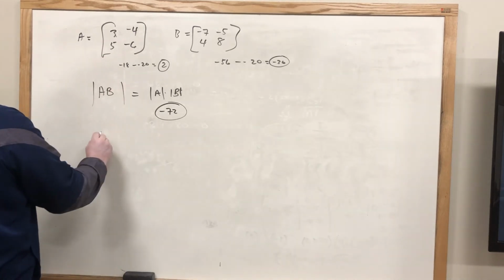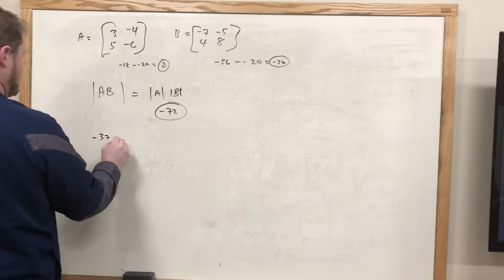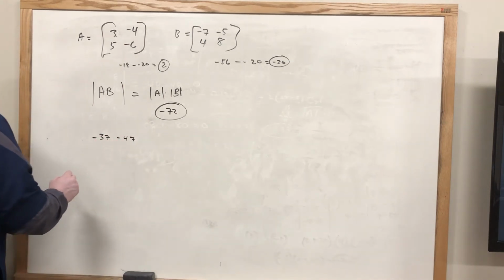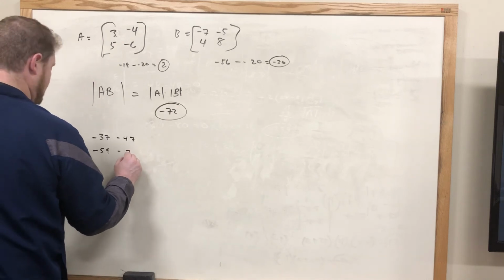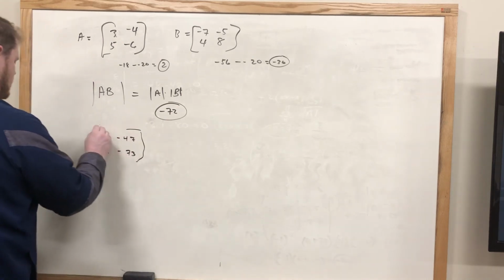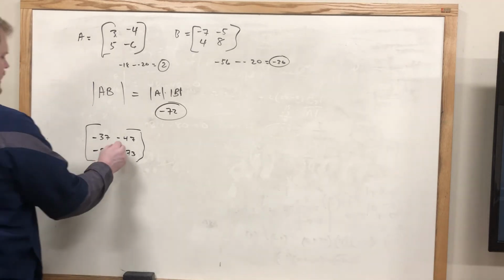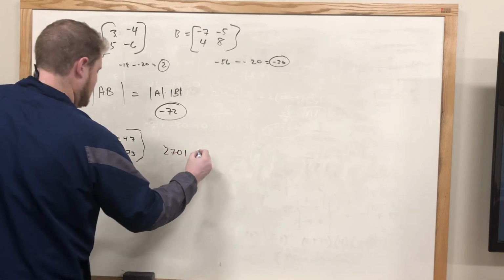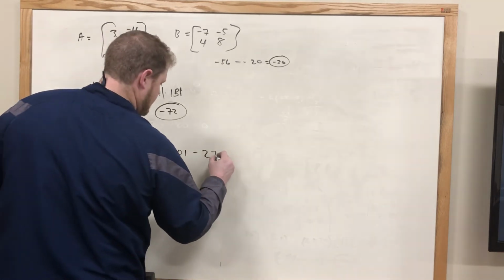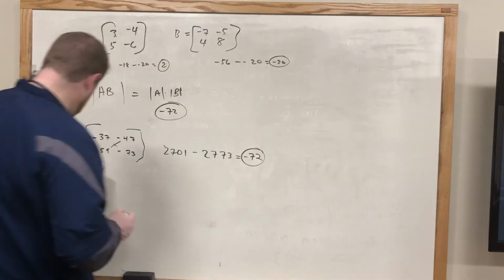So AB is going to be 37, negative 37, negative 47, negative 59, and negative 73. And when we do our cross multiplication, you're left with 2701 minus 2773, negative 72.